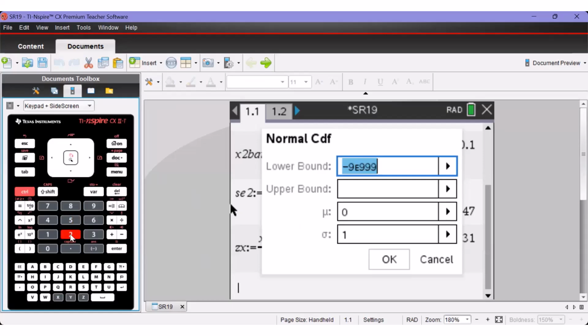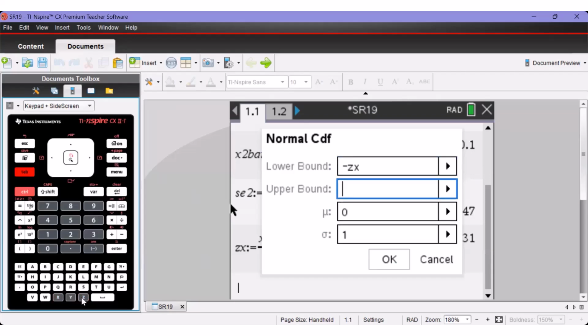Our lower bound is going to be negative, and then if we press the variable key, nothing happens. That's okay. We can type in ZX, press tab.